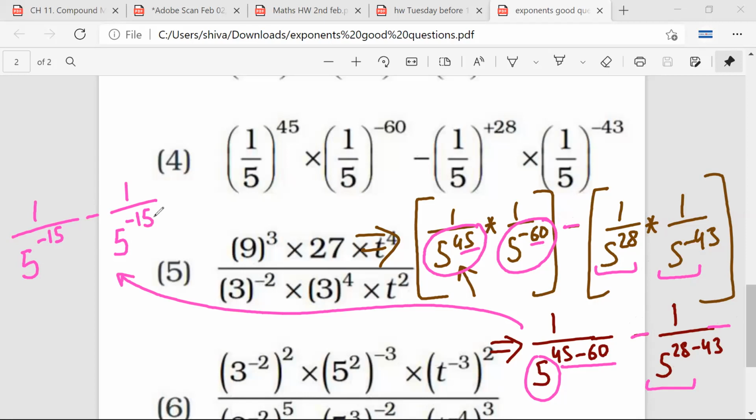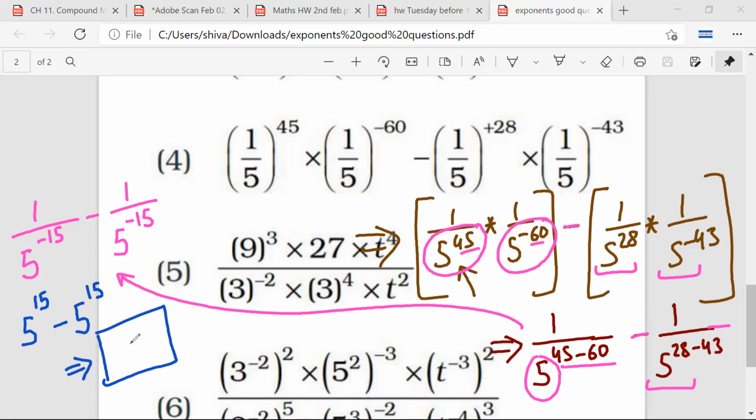And then I can write this as 5 raised to power 15 minus 5 raised to power 15. And what would be the answer? 0. No, sorry, 1. Shabash. Is it 0 or is it 1? 1.